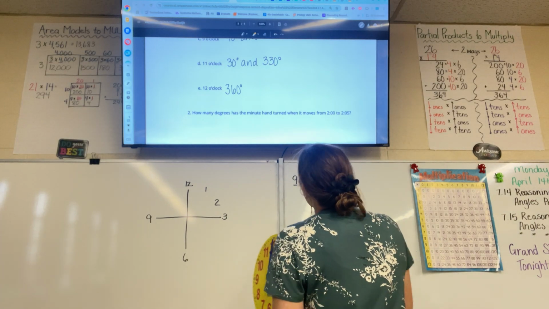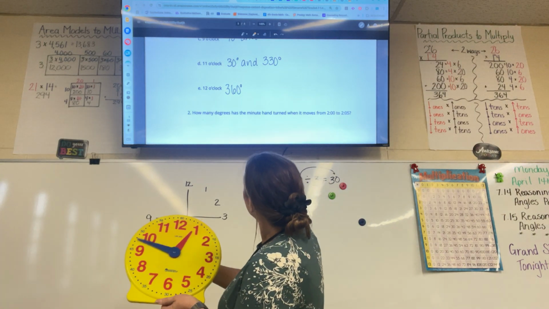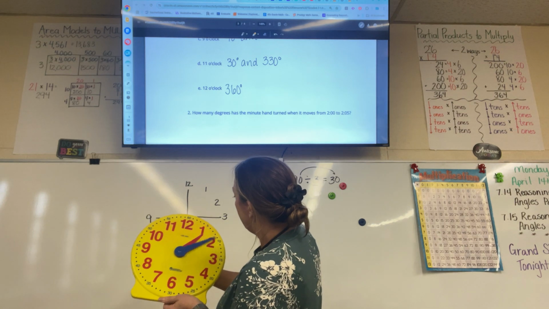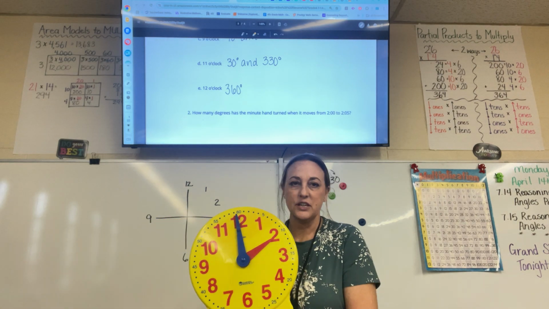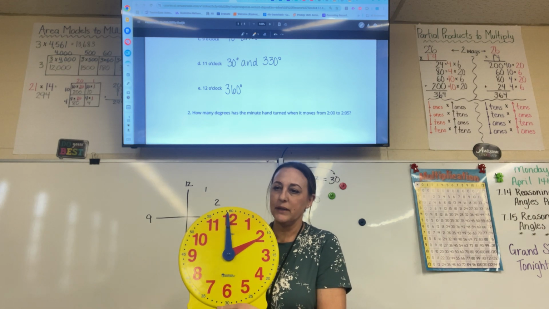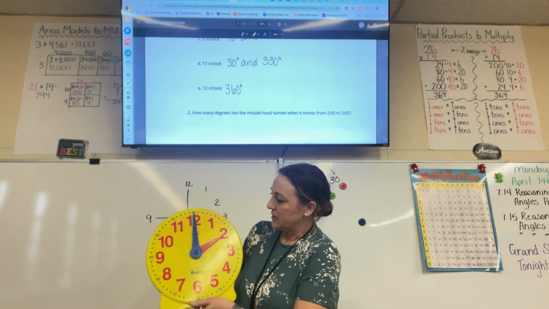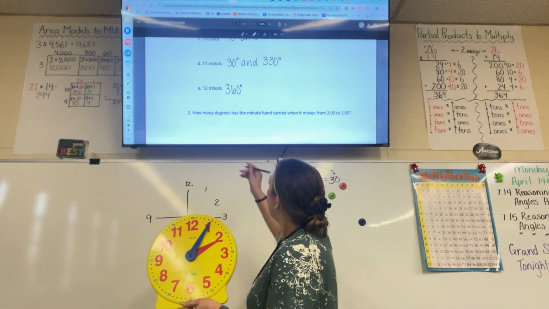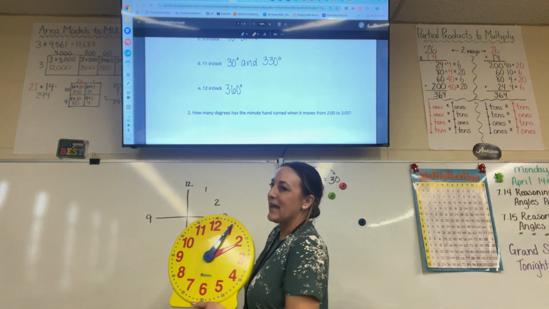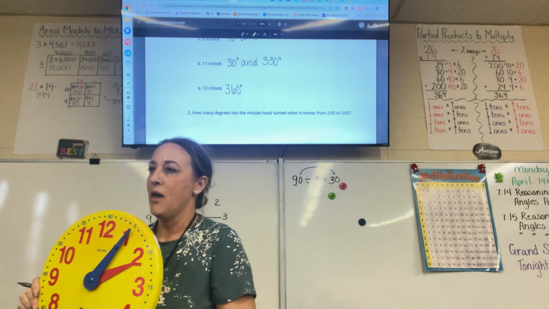So, when the clock starts at 2 o'clock, okay, so it starts at 2 o'clock. Cameron, stop doing that. Starts at 2 o'clock and it travels to 2:05. How many degrees has the minute hand turned? Athena?